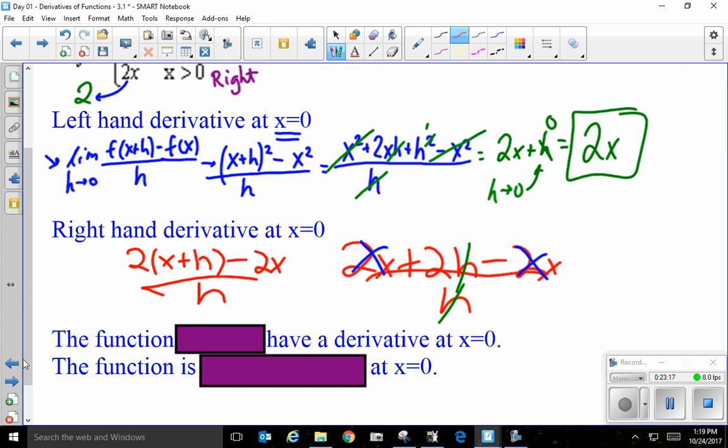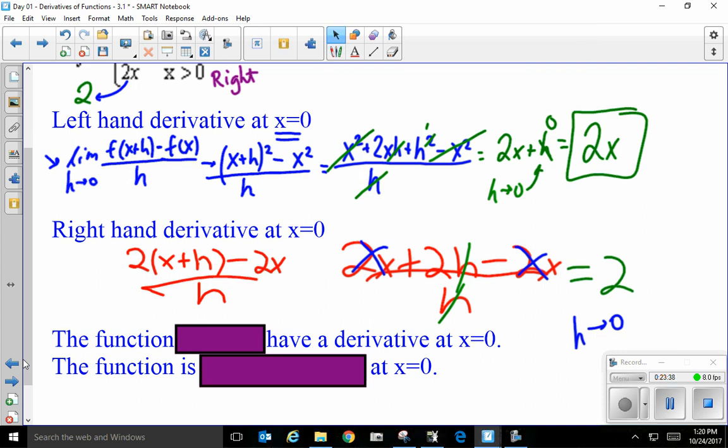And what are you left with? 2. That's as h approaches 0, right? Now where's the h to throw the 0 in? There is no h, so it's just 2. I don't have to throw in 0.